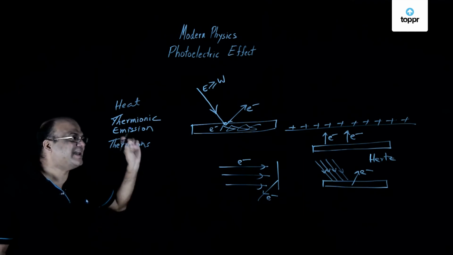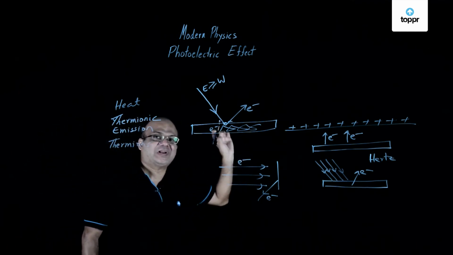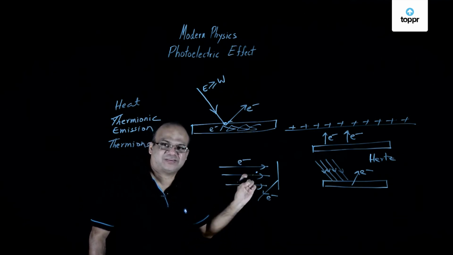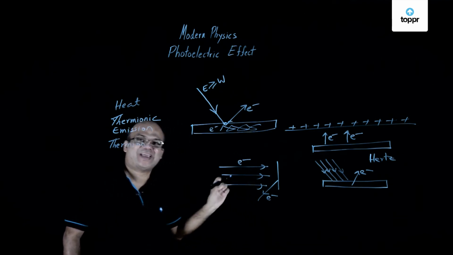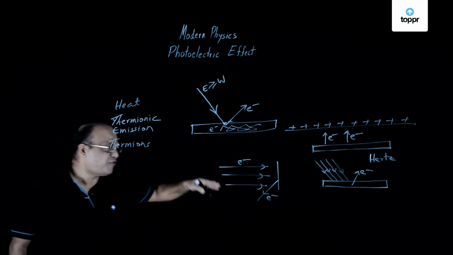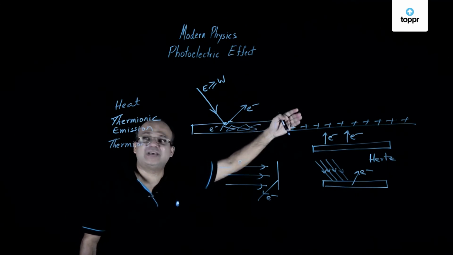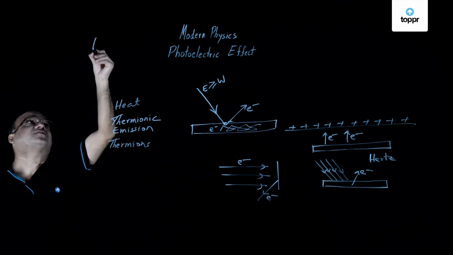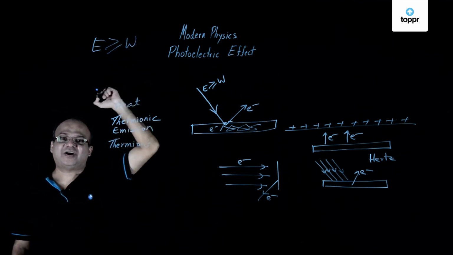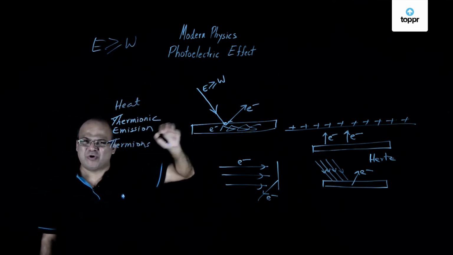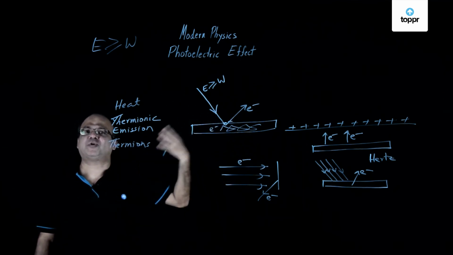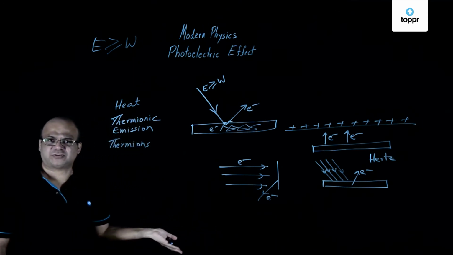Einstein in 1905 took light as a particle to explain photoelectric effect, and for this Einstein got the Nobel Prize in 1921. Now for photoelectric effect to occur, the energy of incident photons must be more than or equal to work function of that metal. Work function varies from metal to metal. Sodium will have some work function, potassium will have some other work function.